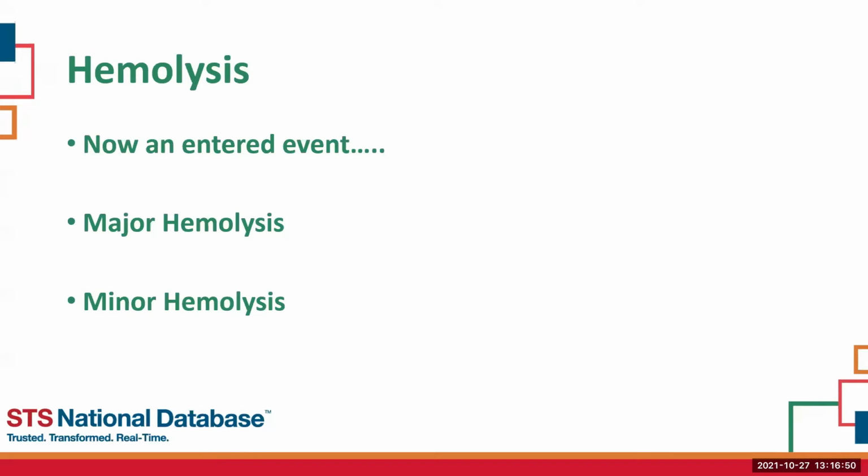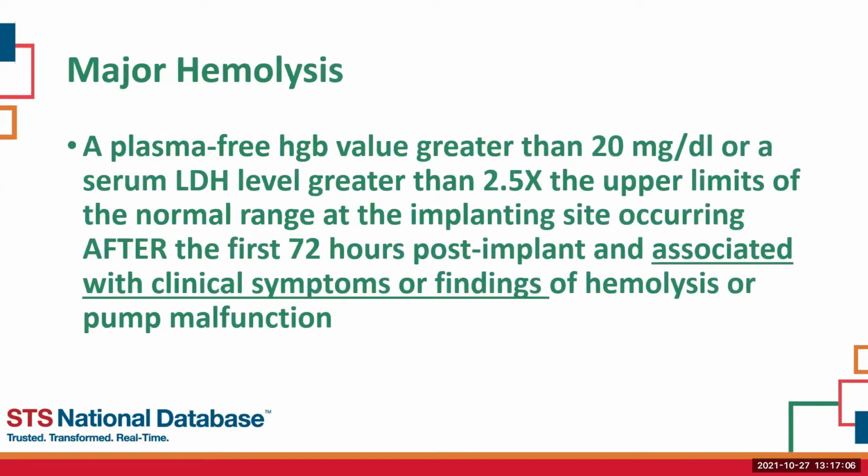Well, now sites are allowed to enter their own, if you believe it is a hemolysis event. Now sites enter the events. We have major hemolysis and minor hemolysis still. For the major hemolysis, it's a plasma-free hemoglobin value greater than 20 milligrams per deciliter, or a serum LDH level greater than 2.5 times the upper limits of the normal range at the implanting site, occurring after the first 72 hours post-implant.